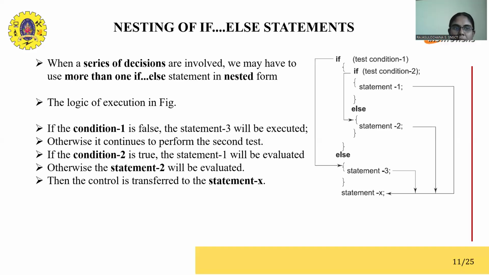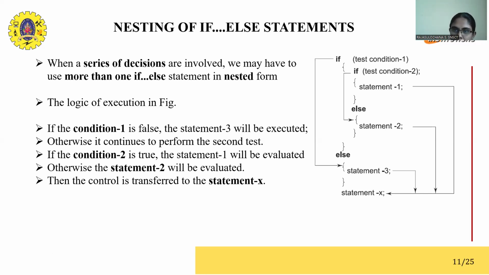In the case of nested if else statements, if there is more than one condition to be checked, we may have to use more than one if else statement, which is called a nested if statement. If you see the flow diagram on the right-hand side, initially test condition 1 will be checked. If test condition 1 is false, statement 3 will be executed.